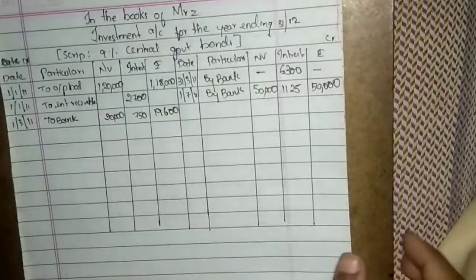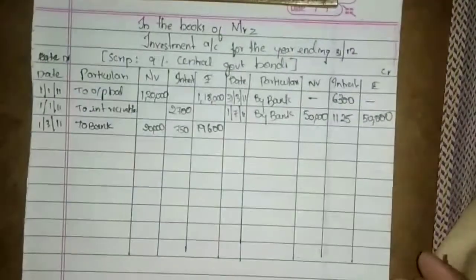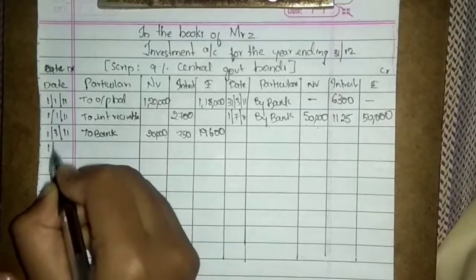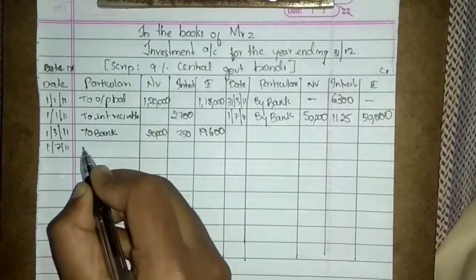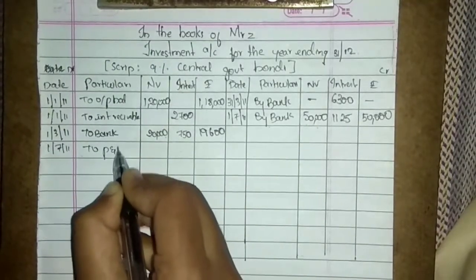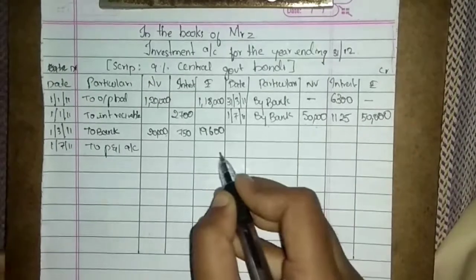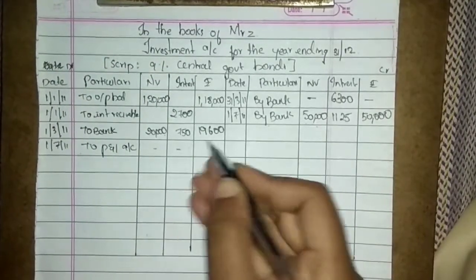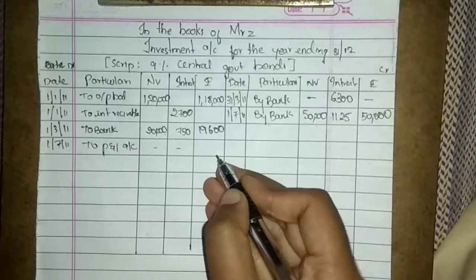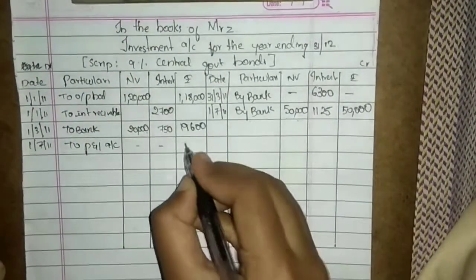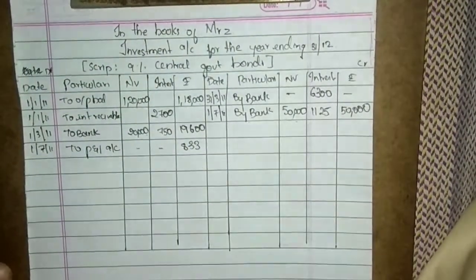If you have watched my earlier videos, then you would have got the idea, and again it will be a recall for you. So on 1/7/2011 to P&L account, you got the profit, and profit should be recorded only in the last column. So write the profit 833 rupees.